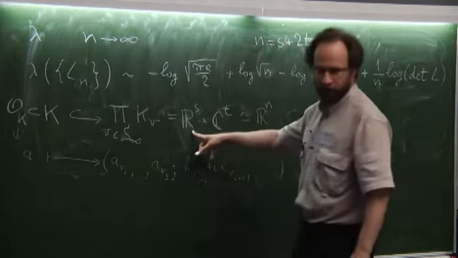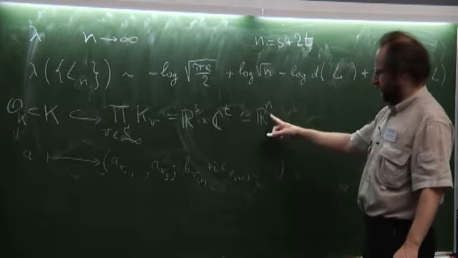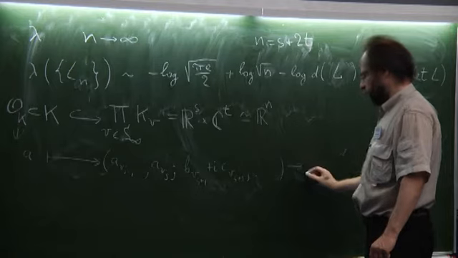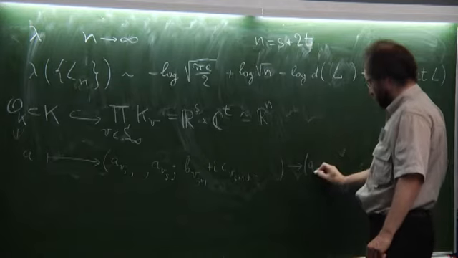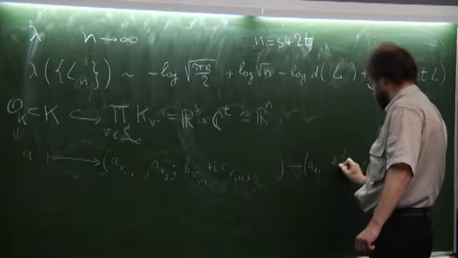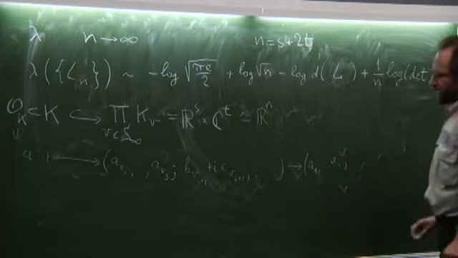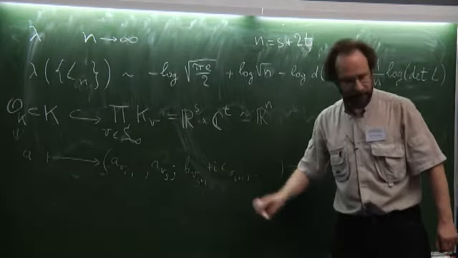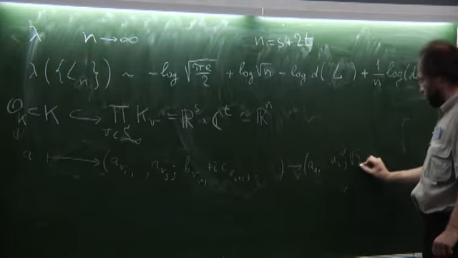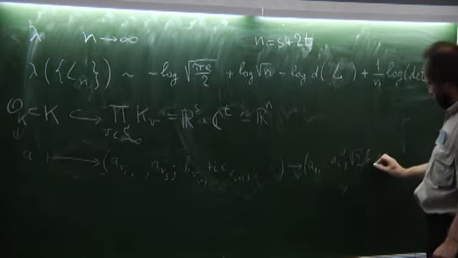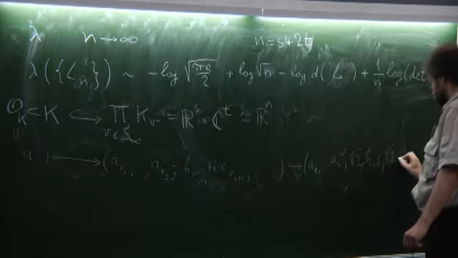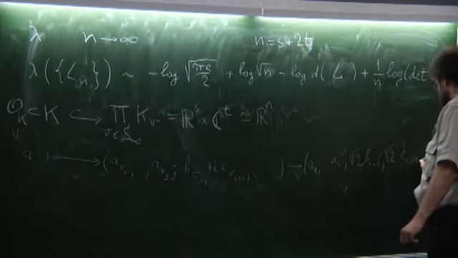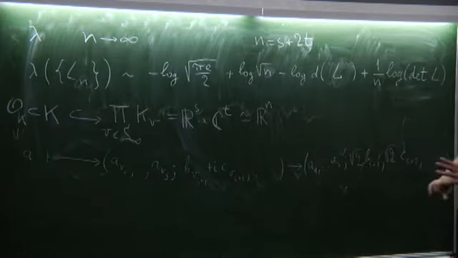So this is an element here. And to get an element in R^n, I'll map it into, again, a_1 up to a_s, and then I won't take b and c, but I'll take square root of 2 times b_s+1 and square root of 2 times c_s+1, and so on. So I scale the complex part by square root of 2.